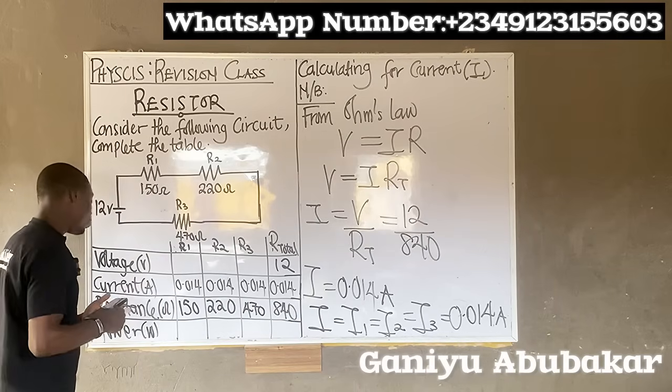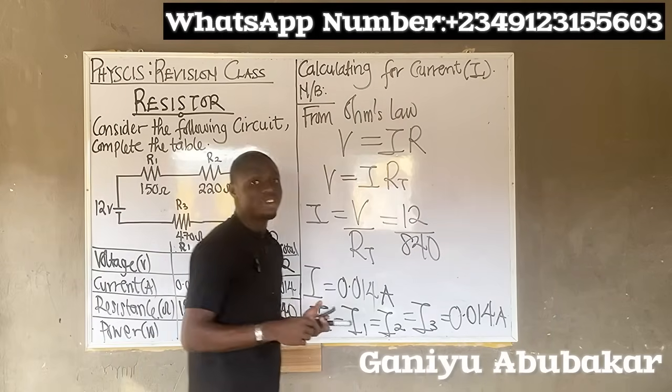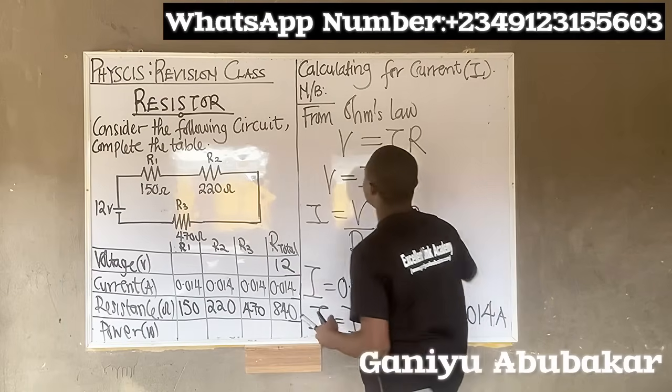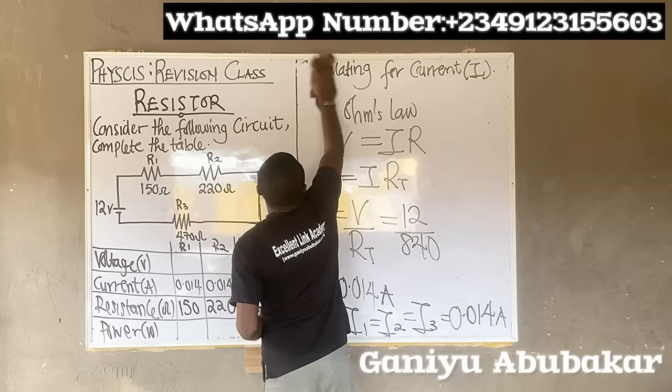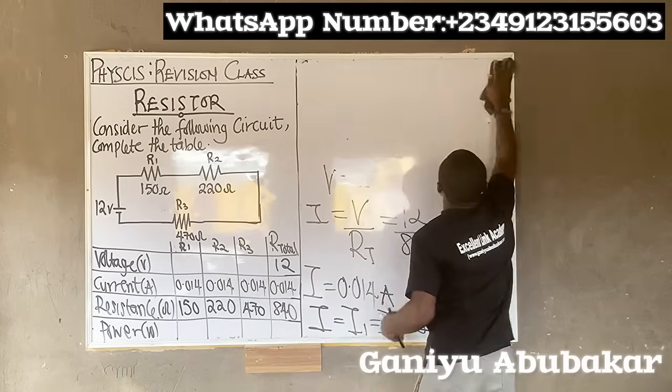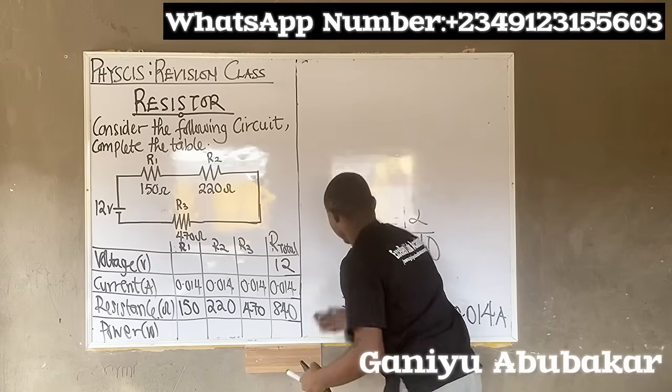Let's get voltage for each of the resistors. Let's do voltage calculation.